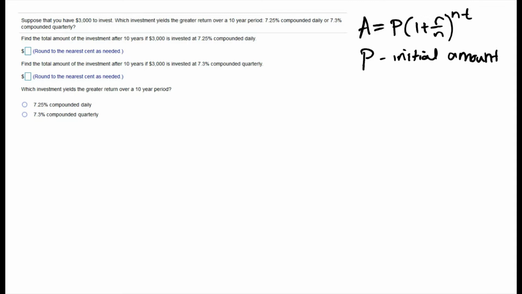This is the formula. A equals P times 1 plus R over N to the NT. Let me go through what each thing stands for. The P is principal or initial amount of money. Your starting amount is the principal. And we have R, that's going to be your rate, your interest rate. We're always going to write this in decimal form.